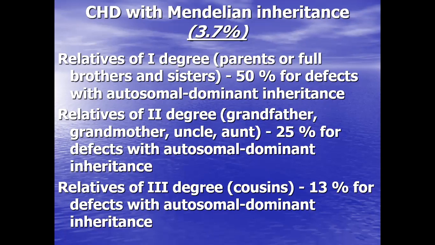If there is a congenital heart defect in relatives of the second or third degree, the risk of the formation of heart abnormalities equals 25 and nearly 13% accordingly.